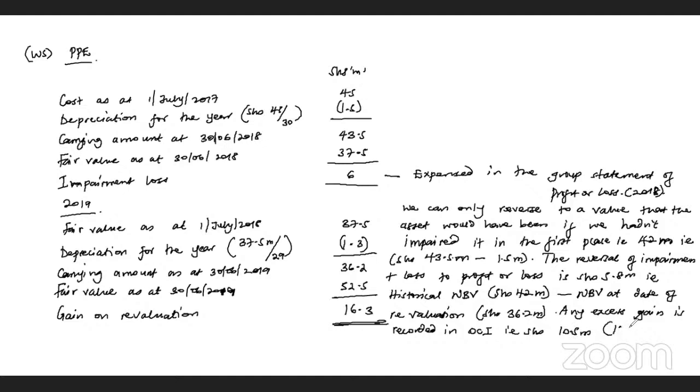I'm getting my 16.3 M minus the 5.8 M reversal. The 10.5 will be taken to other comprehensive income. If you want to show the journal entries, I can show my journal entries. Let me just put them up here, in case you want to see the journal entries.